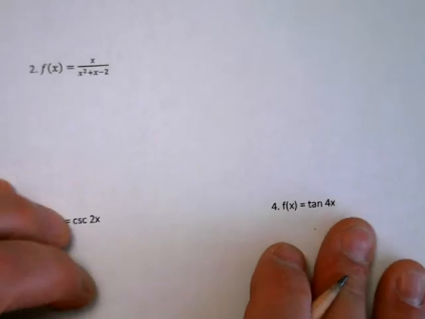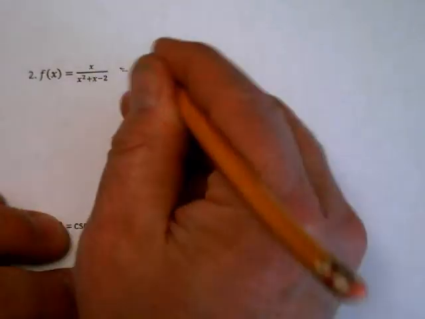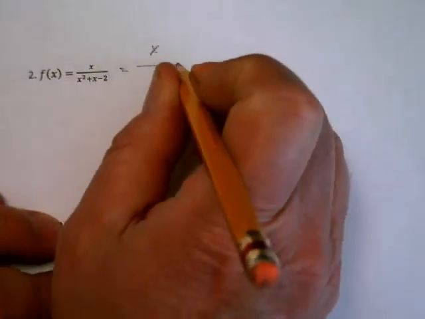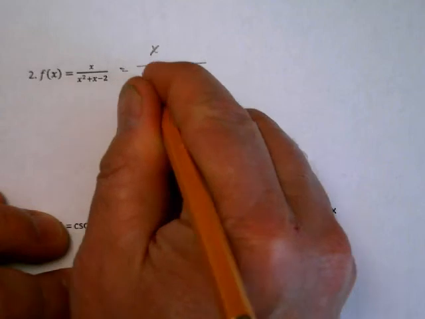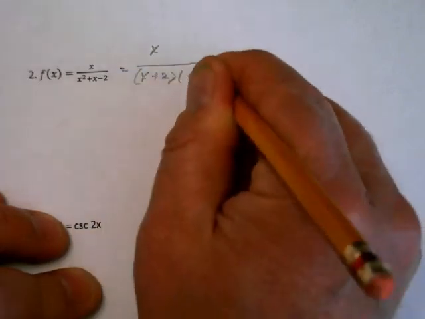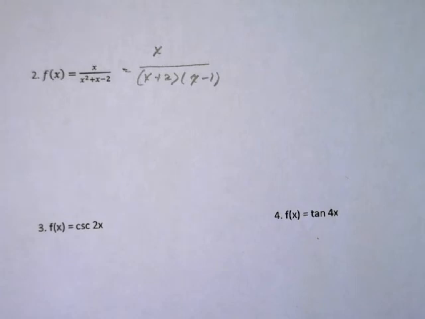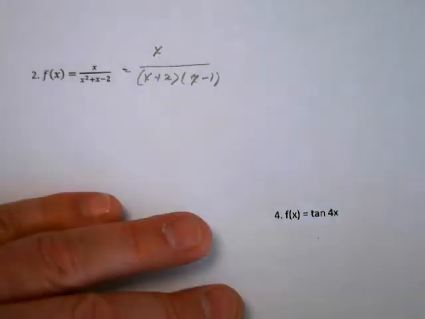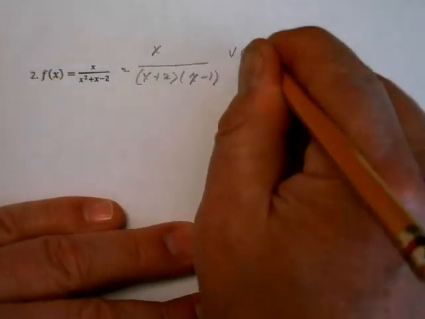Here's another one. I'm going to go ahead and factor that denominator. I end up with x plus 2 times x minus 1 in the denominator.